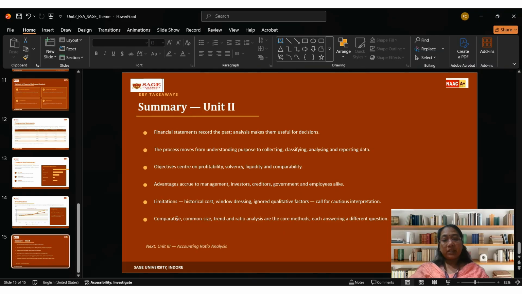The objectives of analysis center on profitability, solvency, liquidity, and comparability. Its advantages benefit a wide range of users: management, investors, creditors, government, and employees alike. Its limitations, historical cost, risk of window dressing, and ignored qualitative factors, mean we must always interpret the numbers with some caution.